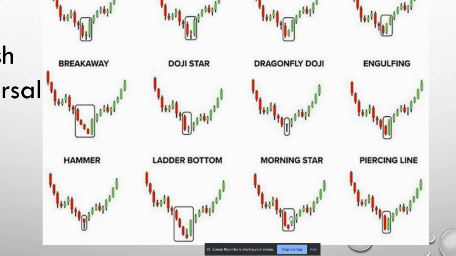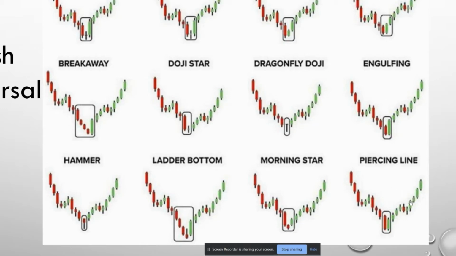And then we have the morning star. As I said, they all have some really bizarre and funny names. We have the morning star, whereby you see a very long bearish candle. The next candle that follows it seems short, and then it is followed by a bullish candle. It shows that the sell momentum has slowed down, and you can get a confirmation by the next candle being bullish as well.